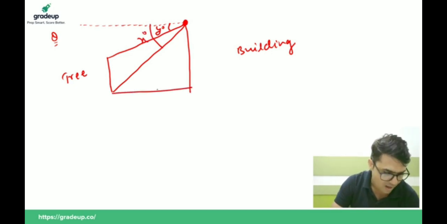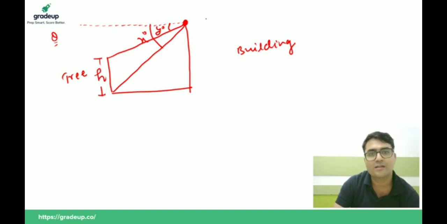If the height of the tree is h, then find the height of the building.